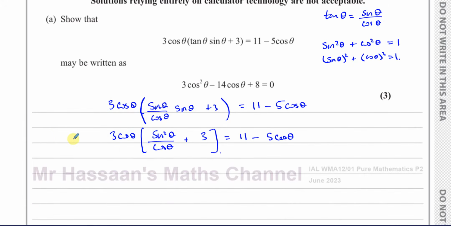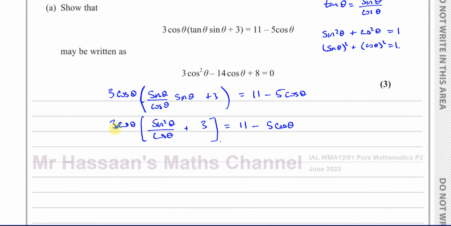Now I can expand this bracket here. So when I multiply 3 cosine theta by sine squared theta over cosine theta, the cosine thetas will cancel. So I'll be left with 3 sine squared theta. And when I multiply 3 cosine theta by 3, I'm going to get plus 9 cosine theta. And that's equals 11 minus 5 cosine theta.